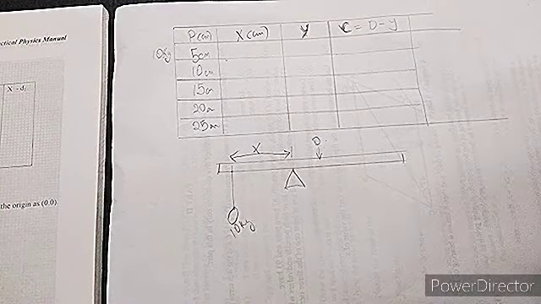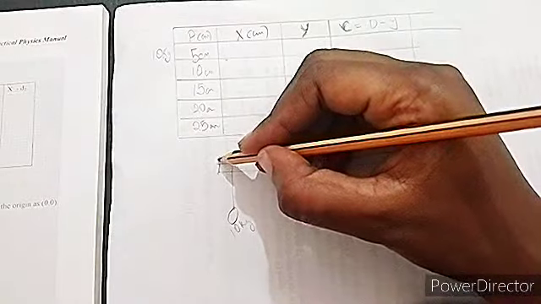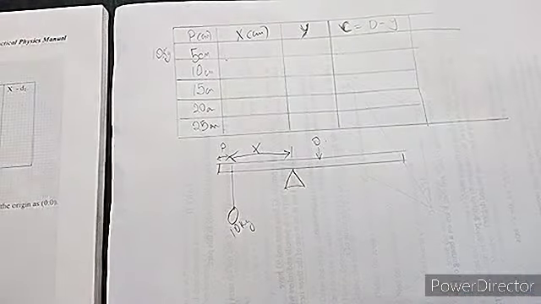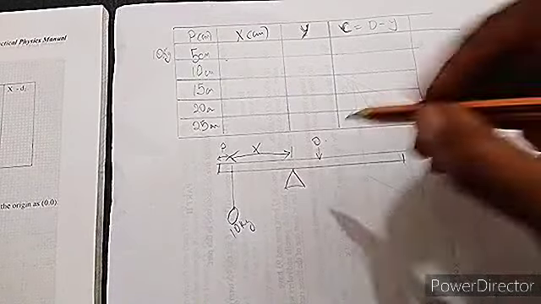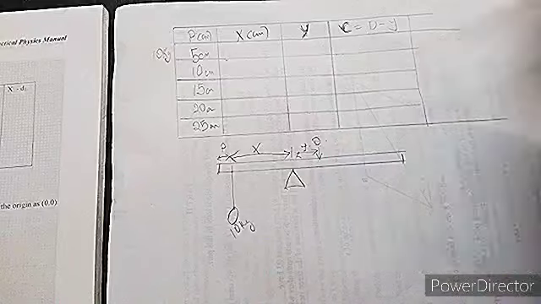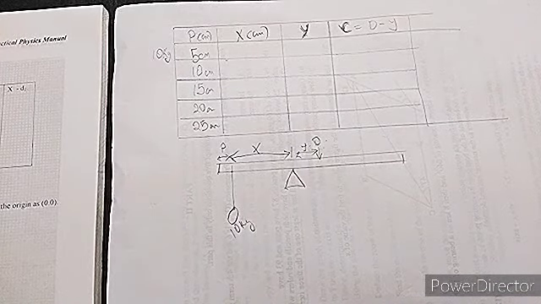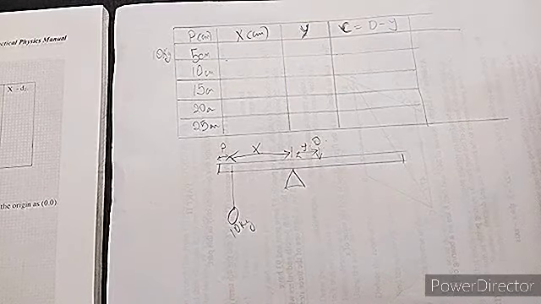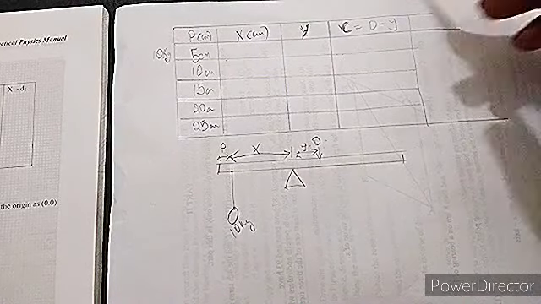So that's X. This is P. All right, this is X, and this will be Y. This will be Y for 10 kg. So that means we're going to have different tables for different masses. Okay, this is for 10 kg.